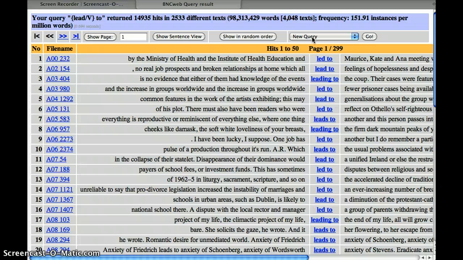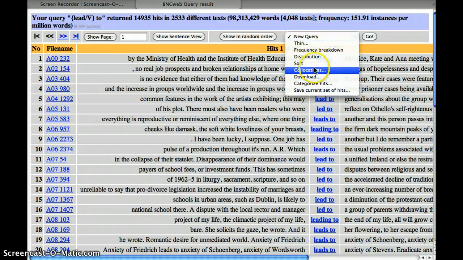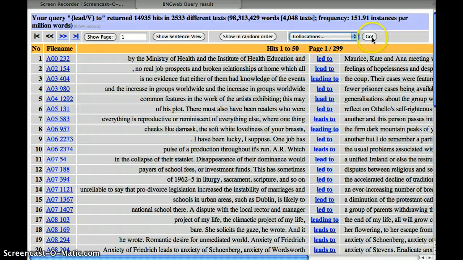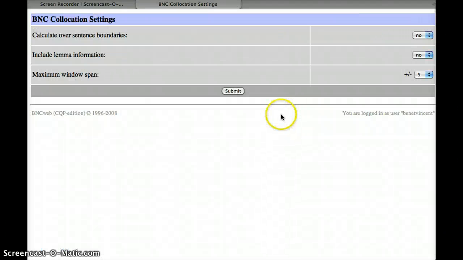Okay, what we can now do at this stage is look for words that come here, just after lead to, and see if there are any other words which are like trouble. And we do this by going to collocations, then on this page just click submit, that's fine.